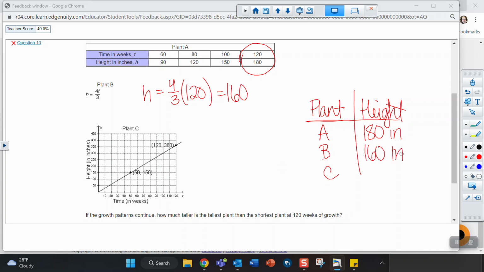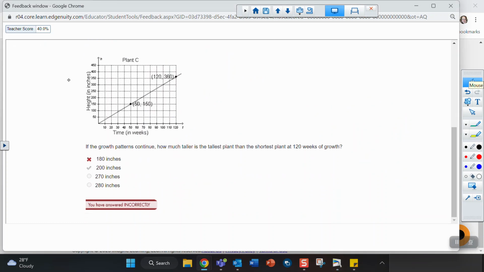And then in the table, we can see right here this is the ordered pair that has 120 weeks for time, so it's 360 inches. The question was how much taller is the tallest plant than the shortest, so we needed to figure out all of their heights at 120 weeks. We see that C is the tallest, B is the shortest. 360 minus 160 is 200, which was the answer choice here.